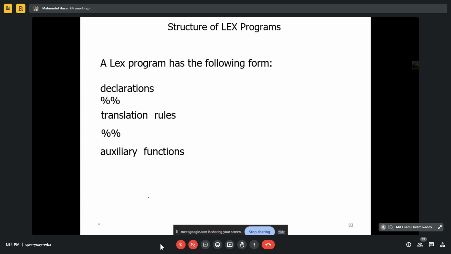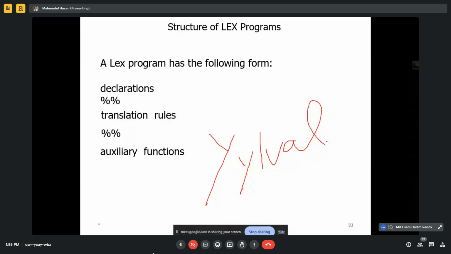Any question till now? Please ask. Actually yylval is nothing but a variable, and this variable is a global variable which contains the attribute value.